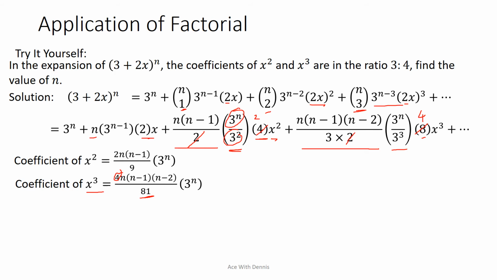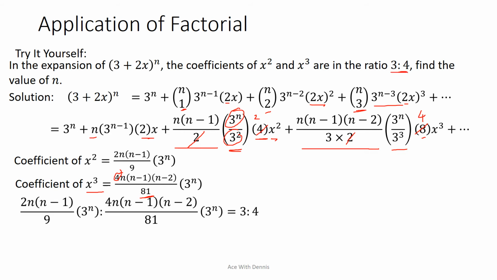Now the question gives that the coefficients of x squared and x cubed are in the ratio of 3 to 4. So that's why this whole thing, 2n times (n minus 1) over 9 times 3^n, to 4n times (n minus 1) times (n minus 2) over 81 times 3^n, equals 3 to 4.